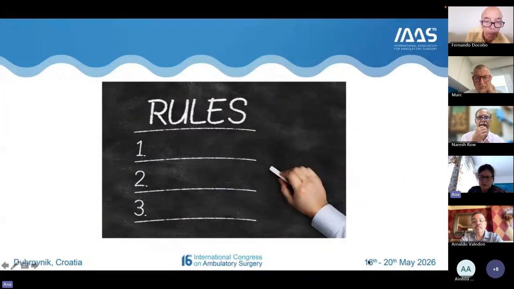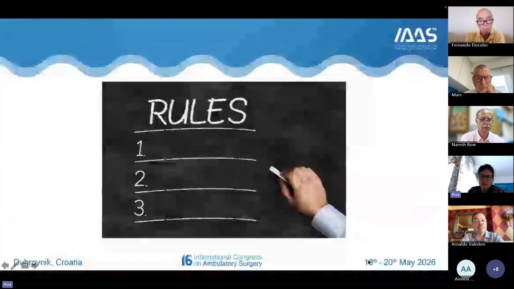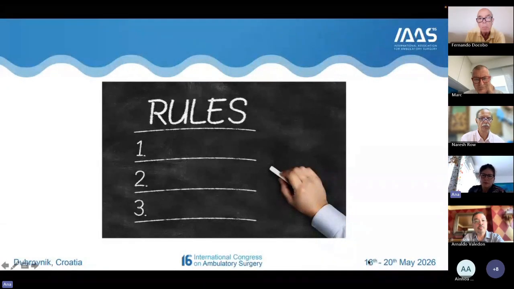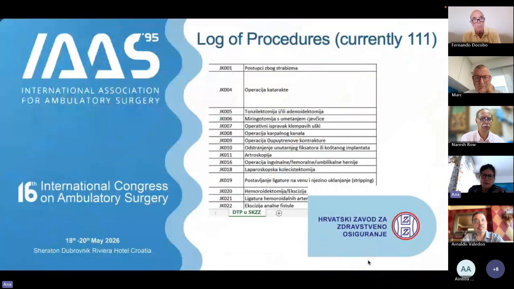That is why in our system we need to have strict rules on the best selection of patients and on the whole process. The procedures that can be performed in ambulatory surgery in Croatia at the moment in public healthcare are controlled by our health insurance company, which issued a log of procedures.